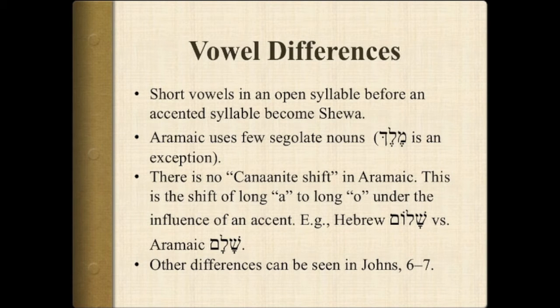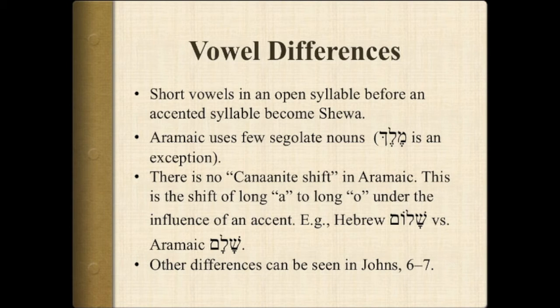So, there are also vowel differences. For example, in Hebrew, if you have an open syllable next to an accent, it will have a lengthened vowel, for example, a qamets.